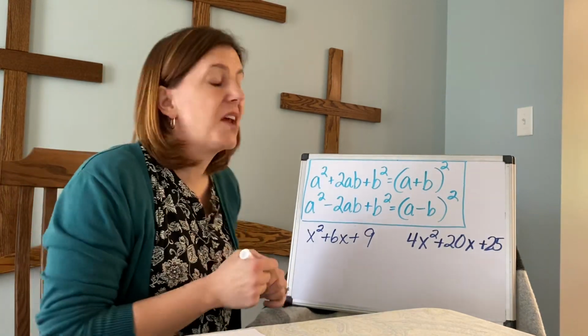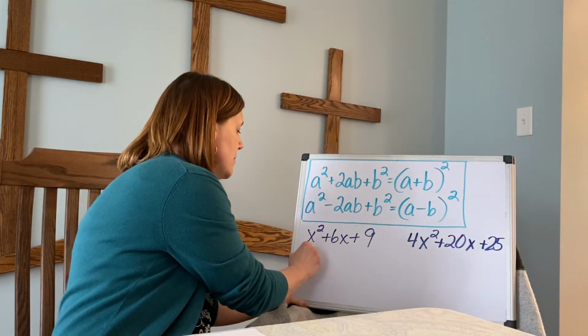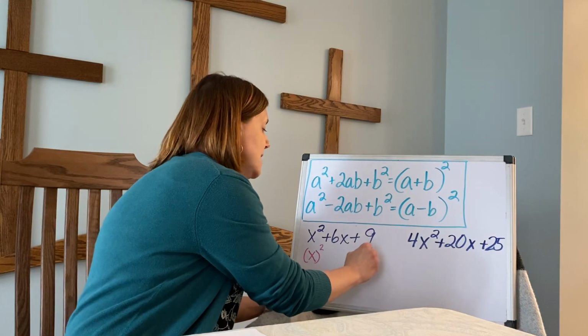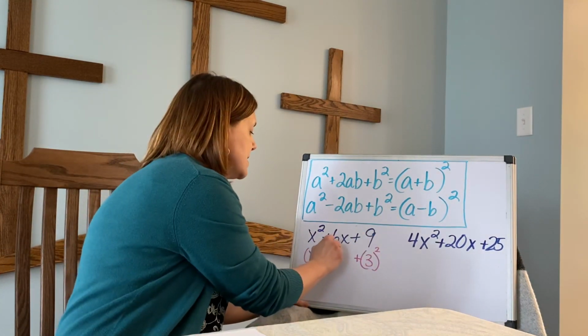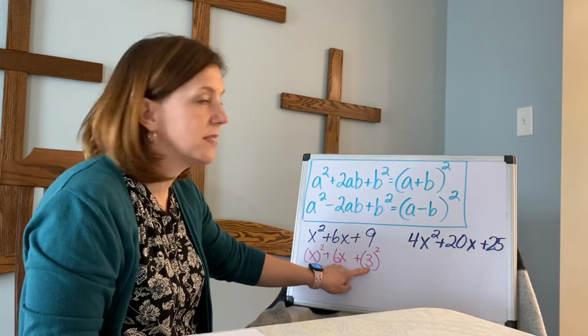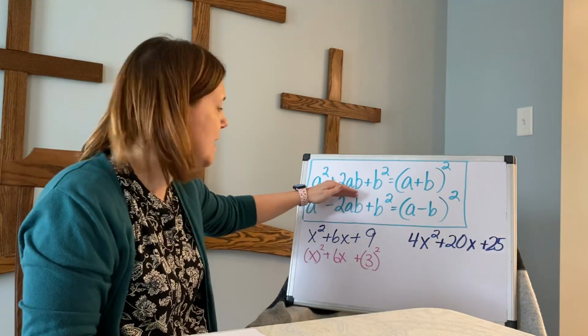Okay, the first thing that I want to do is recognize that my first term is a perfect square. My last term is a perfect square. And what is in the middle is this times this doubled, which is the pattern we learned last week.